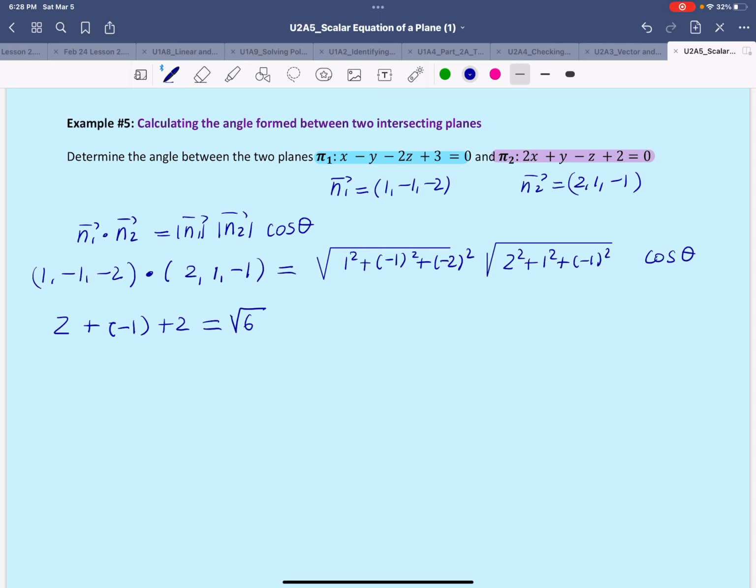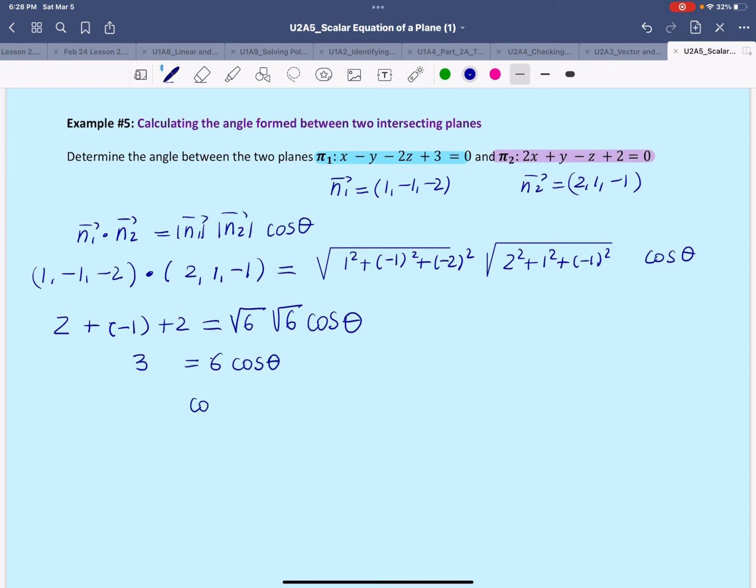And 2 squared plus 1 plus 1, that's another root 6. So we have 2 minus 1 plus 2, which is 3, equals root 6 times root 6 times cos theta. That would be 6 cos theta.